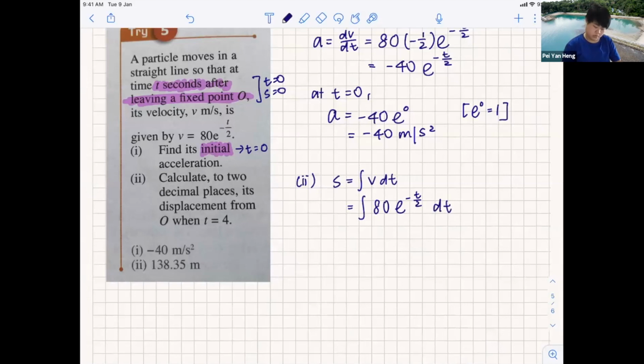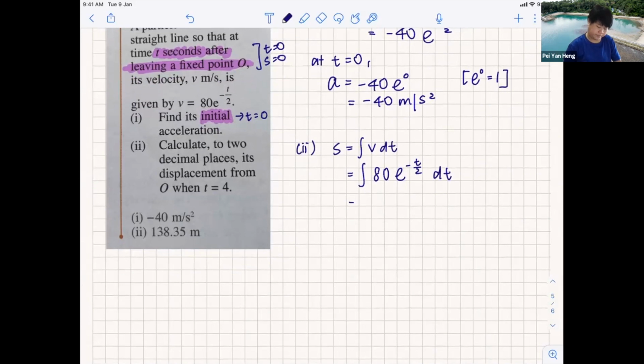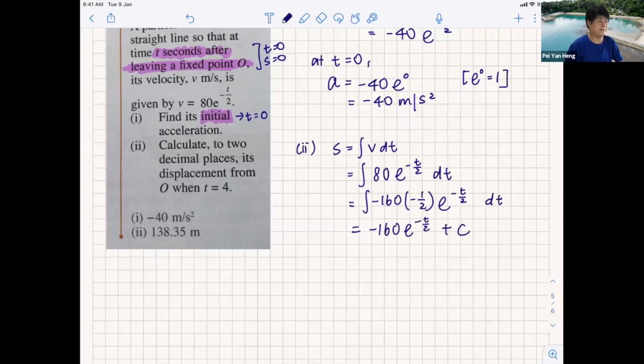All right. So in order to integrate this, we need to take out half. So if you take out a negative half from 80, you get minus 160. Okay, so if we integrate this, you will get minus 160 e to the power minus t over 2, plus c.